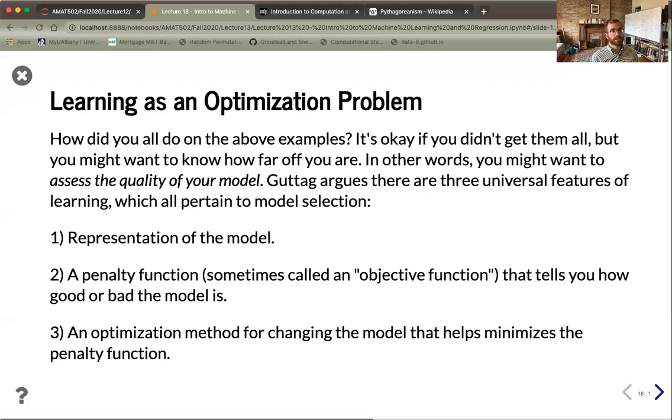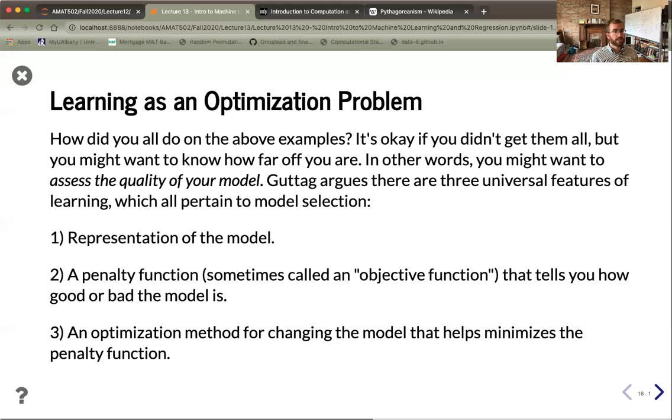So Guttag argues that there are 3 universal features of learning, which all pertain to model selection. So inside of our train, model, and predict paradigm, we're going to further break apart our modeling step into the following 3 components. So first of all, we need to have a notion of representation of our model.